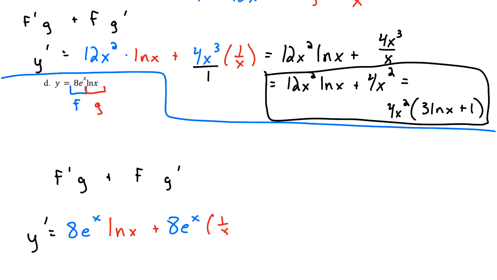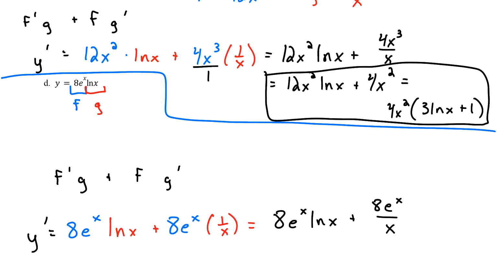That's going to be 1 over x. Here I would just simplify this perhaps a little bit. I would probably write this out as 8e to the x times natural log of x plus, here I can write this second term as 8e to the x divided by x.